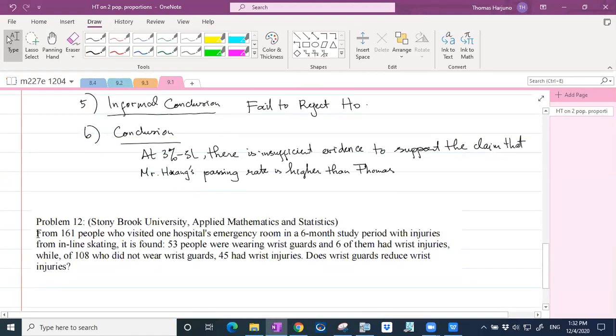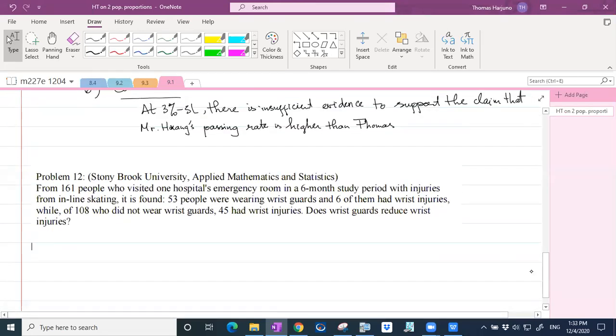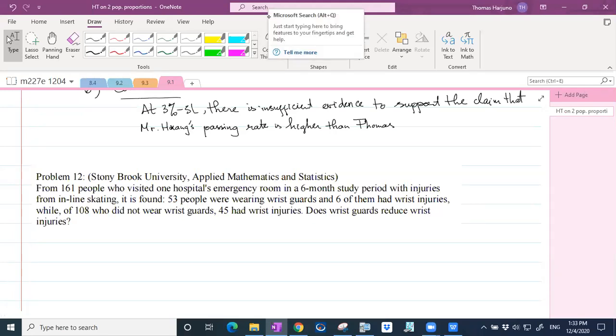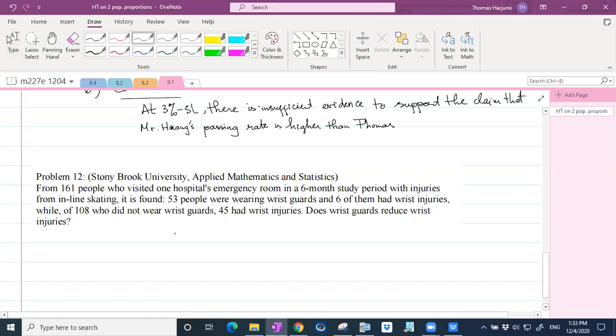Stony Brook University Applied Math and Statistics. 161 people visited one hospital's emergency room in a 6-month study period with injuries from inline skating. It is found that 53 people used wrist guards, and 6 of them had wrist injury.